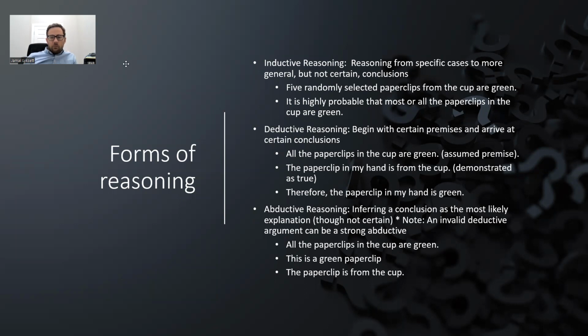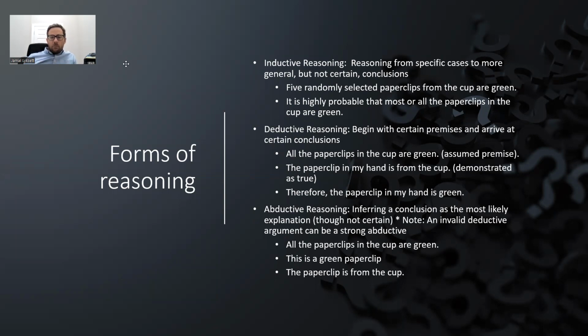Deductive reasoning, we begin with certain premises, right? And then we arrive at certain conclusions. So if I say, for example, all of the paper clips in the cup are green, and I take one out without showing it to you, and I say, the paper clip in my hand came from the cup, I can draw the conclusion then that the paper clip in my hand is green, right?